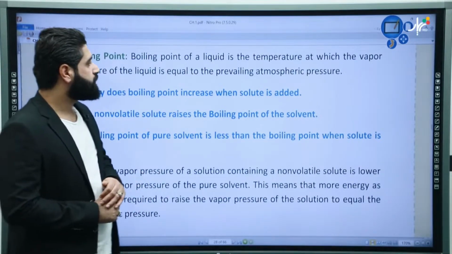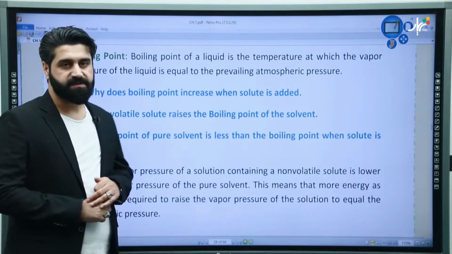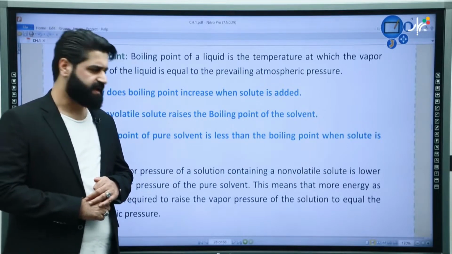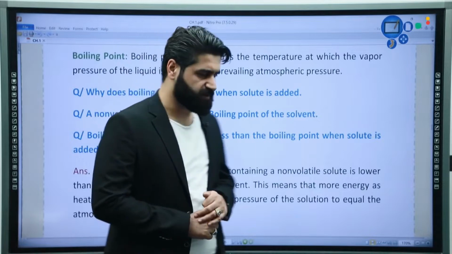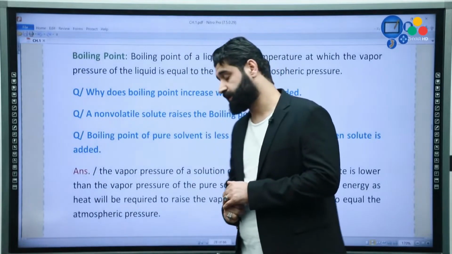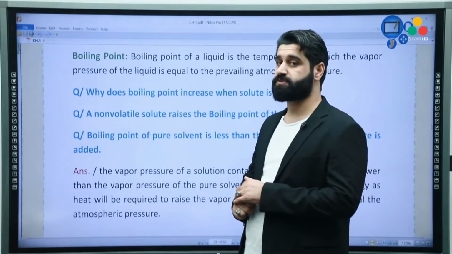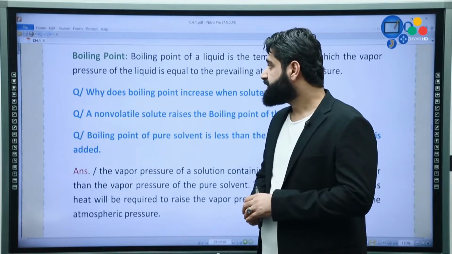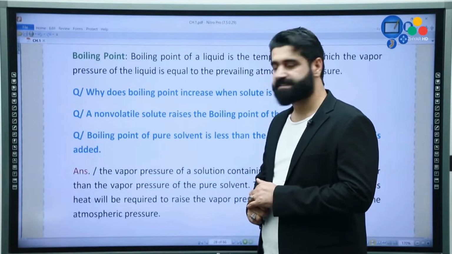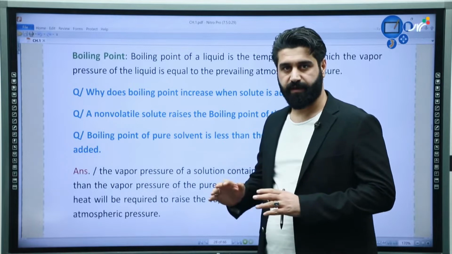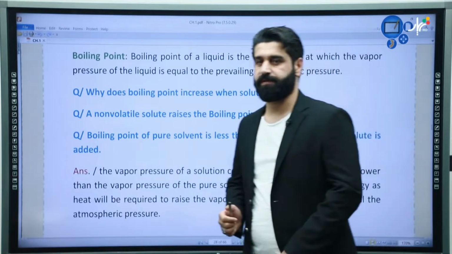For many years we have studied boiling point as a physical property of liquids, and sometimes of solutions. But in this year, we will study boiling point in a different way, in terms of colligative properties.